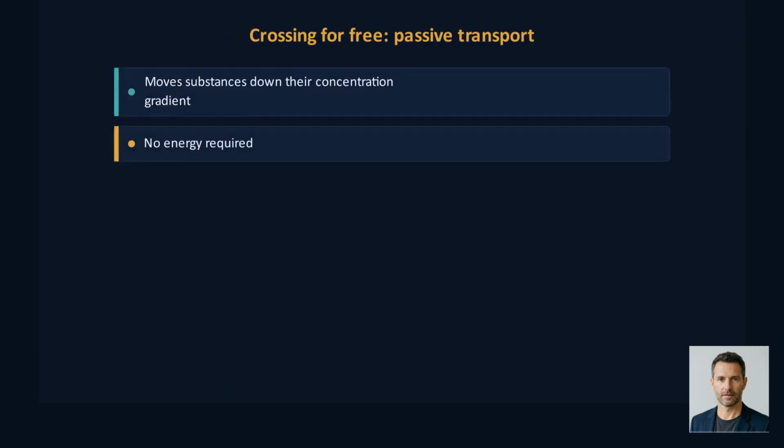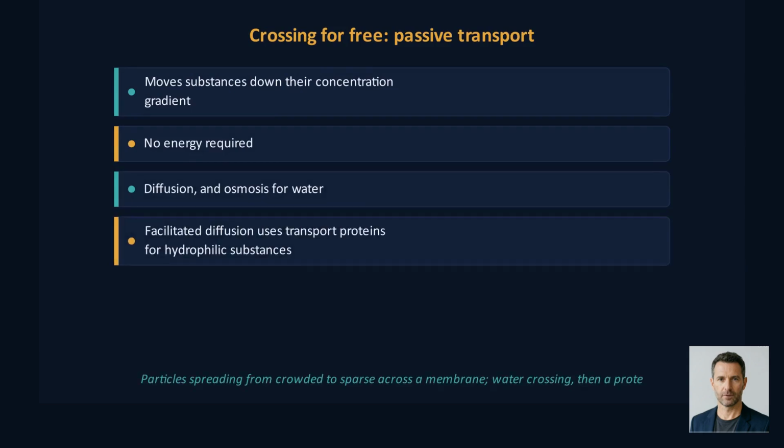We have our wall, and we know it is sealed against the free flow of liquids. So how does anything get across? There are 2 ways, and the cheaper one is passive transport. In passive transport, substances move down their concentration gradients, from where they are crowded to where they are sparse, and the cell spends no energy at all. The simplest form is diffusion, the ordinary movement of a substance with its concentration gradient.